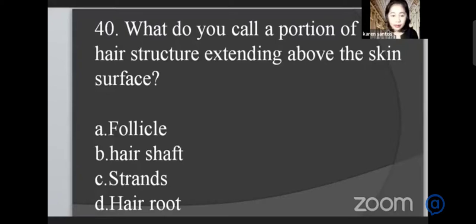So may nagsagot ng A, may nagsagot ng B, okay, so the correct answer in question number 40 is letter B, which is the hair shaft. So when we say hair shaft, it is the part of the hair that can be seen above our scalp.